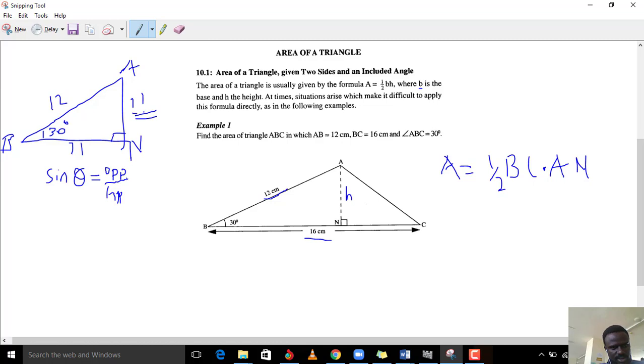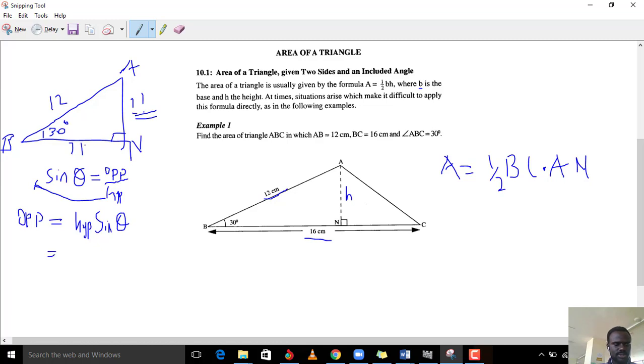Therefore, AN, which is the opposite, will be the product of the hypotenuse and the sine of angle theta.